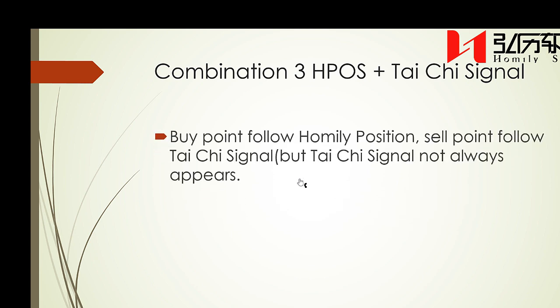And then the third combination is combined with the Taiji signal, because I have just mentioned some sell points, and maybe someone still cannot grasp or understand them. If you cannot understand, you can find the Taiji signal, because the Taiji signal gives us the sell point at the high point.